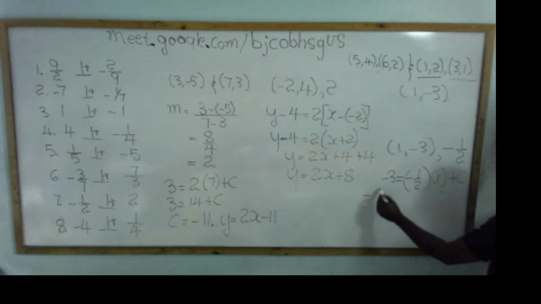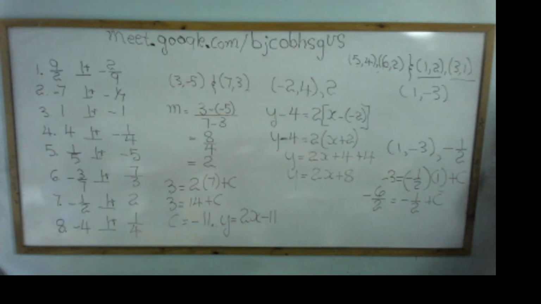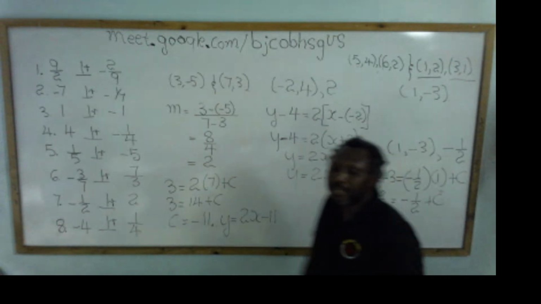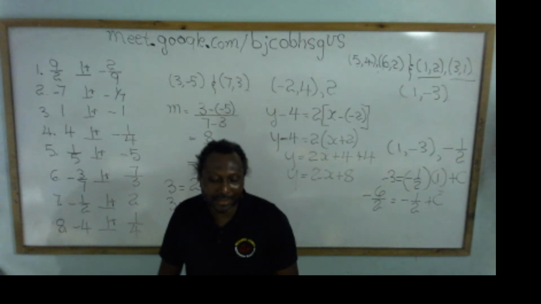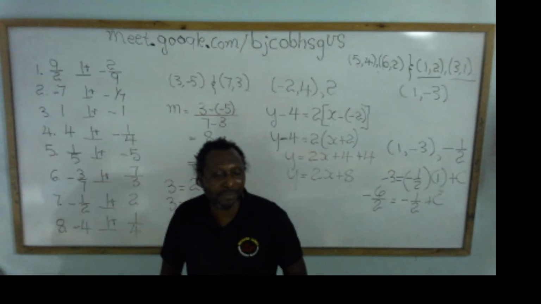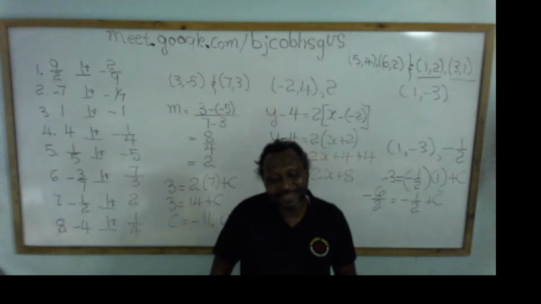Negative 6 over 2 is equal to negative 1 over 2 plus c. Negative 3 is the same thing as negative 6 over 2. They are identically equal. We're just writing in that form so that we have the same denominator so that the process may be simplified.